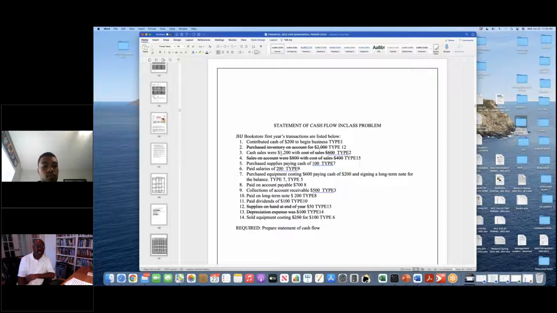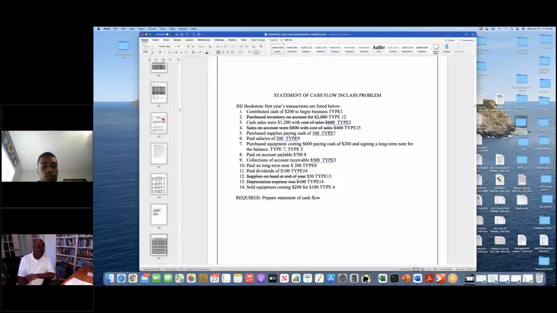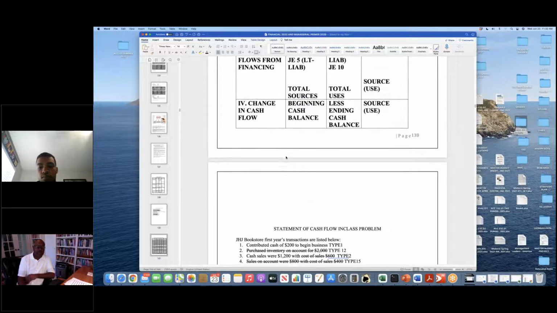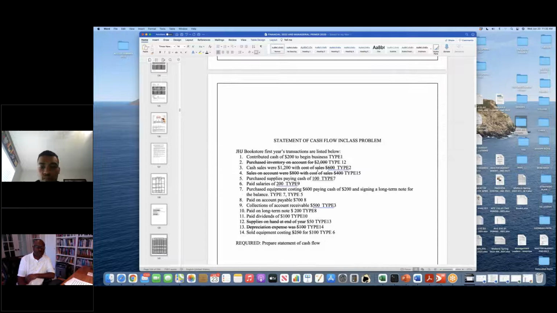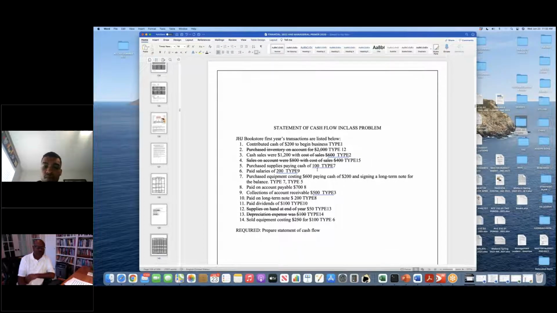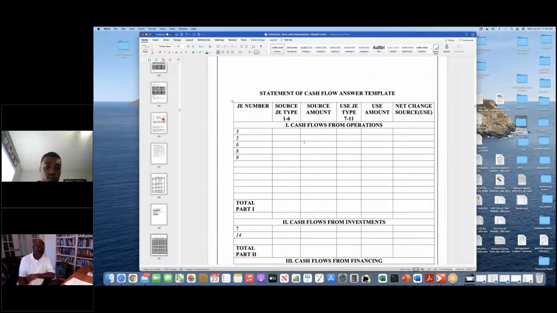Cash sales were $1,200. So cash sales, that's a type 3. Journal entry type 3 are sourced in part 1. So we're going to take the 1,200. We're going to put it right here.